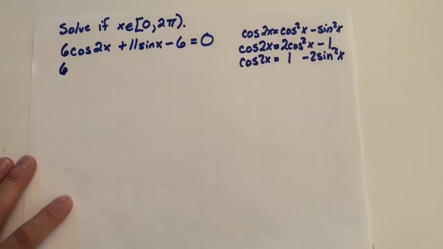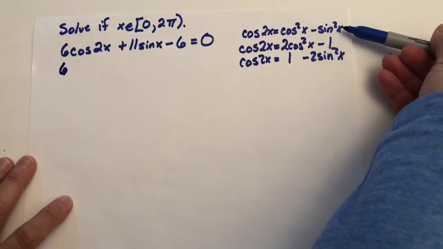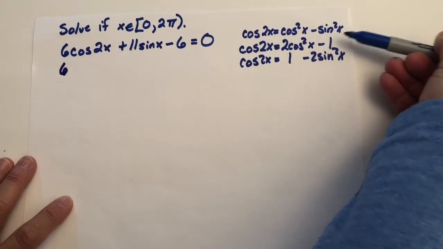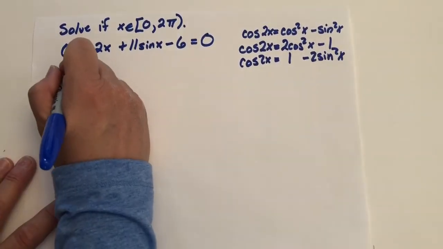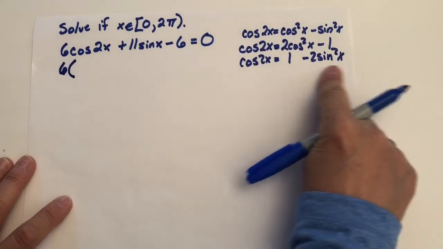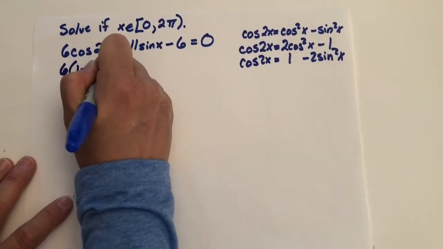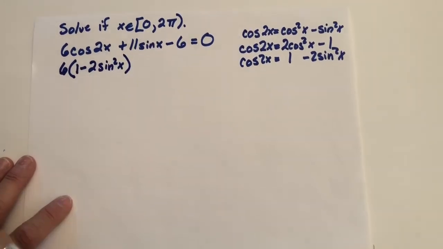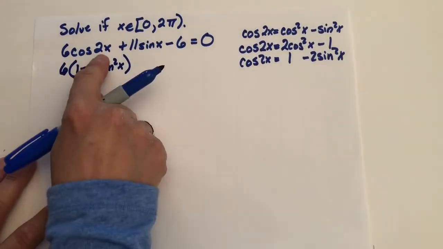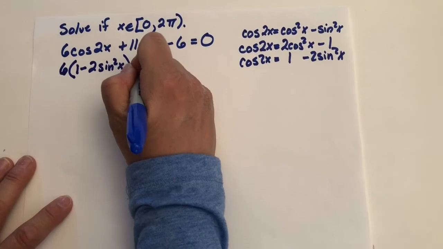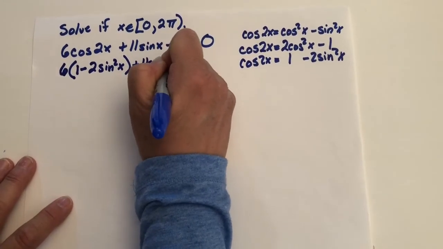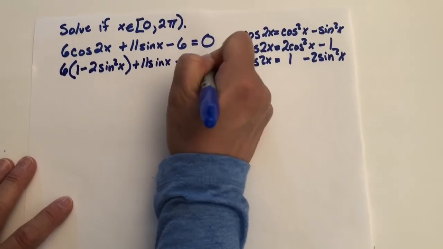And by the way, you could make it work if you made one of these substitutions instead, but you would then have to make a further substitution. So this would get us there most directly. So 1 minus 2 sine squared x, there's my substitution. And now I don't have a double angle anymore. Plus 11 sine x minus 6 equals 0.